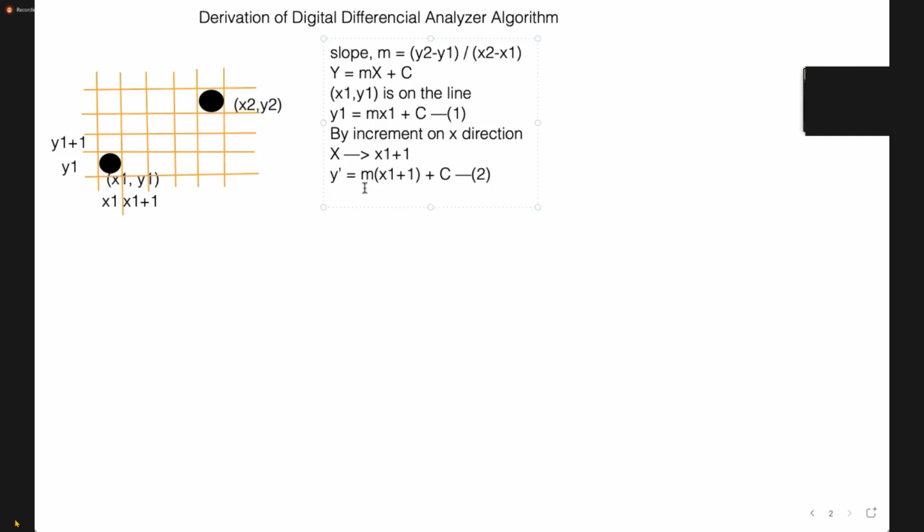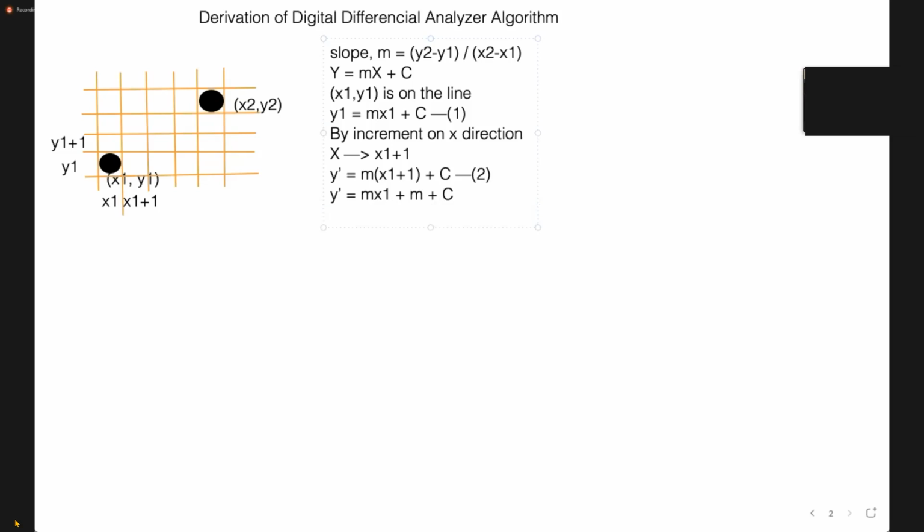From one end to another end we can do the subtraction here. m times x1 plus 1 can be written as mx1 plus m. So we can write y dash equals mx1 plus m plus c. Okay, the second equation can be expanded like this.